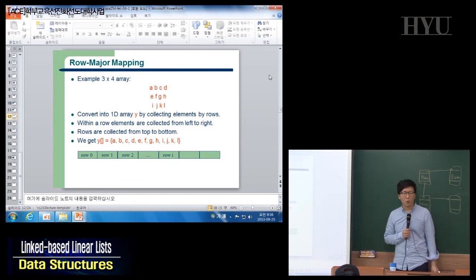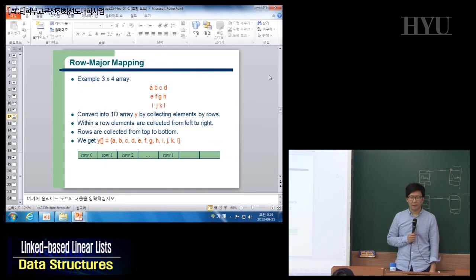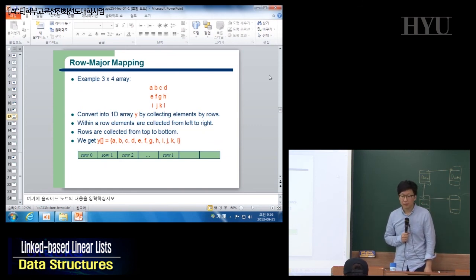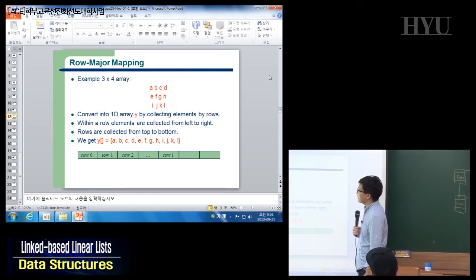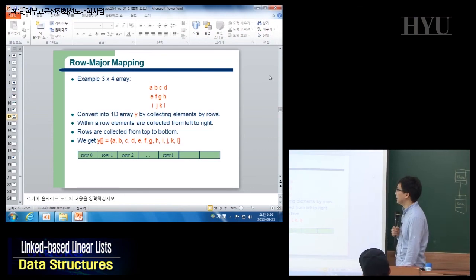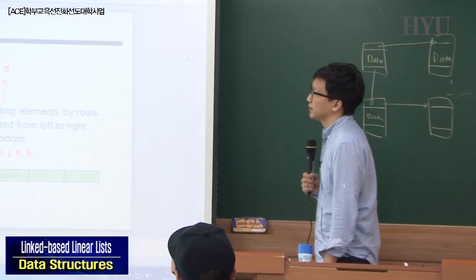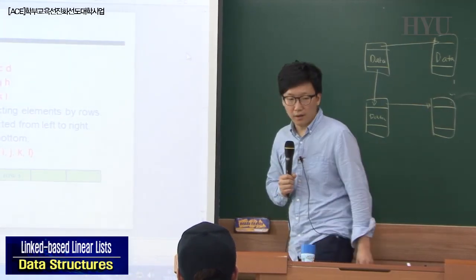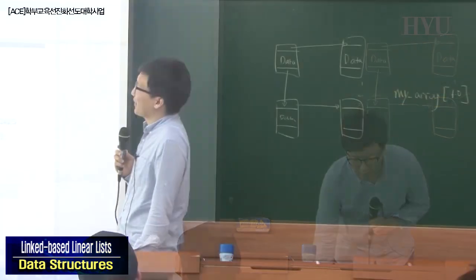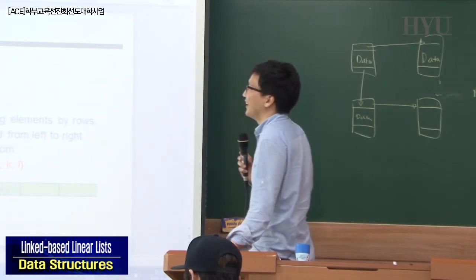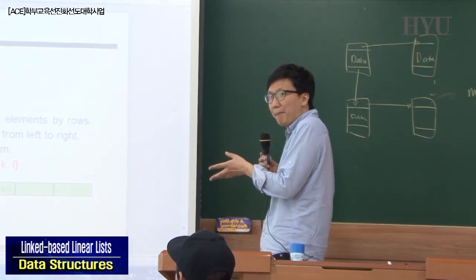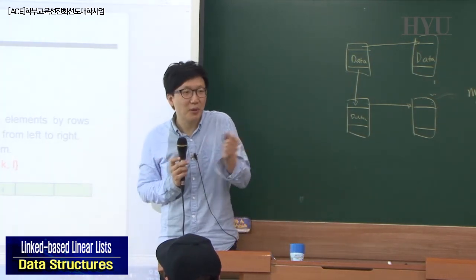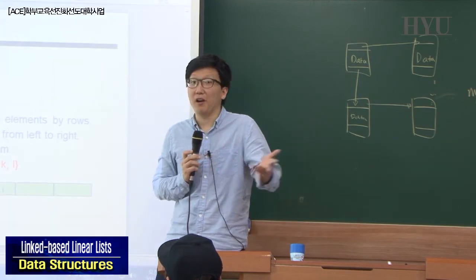What is row major mapping? In this way, it's a 3 by 4 array converting into one-dimensional array of Y, collecting elements by rows. The overall goal of this mapping strategy is allocating each element into somewhere.